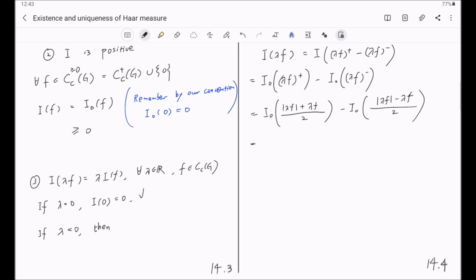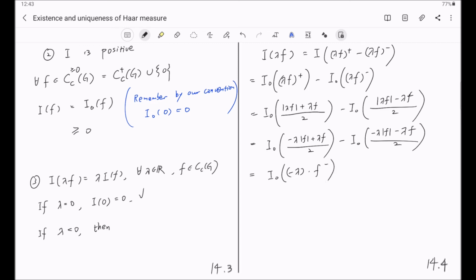Now if you pull out all of the lambdas from the absolute value sign, you will end up getting that the first guy is equal to negative lambda times the negative part of f, and the second guy will be negative lambda times the positive part of f.